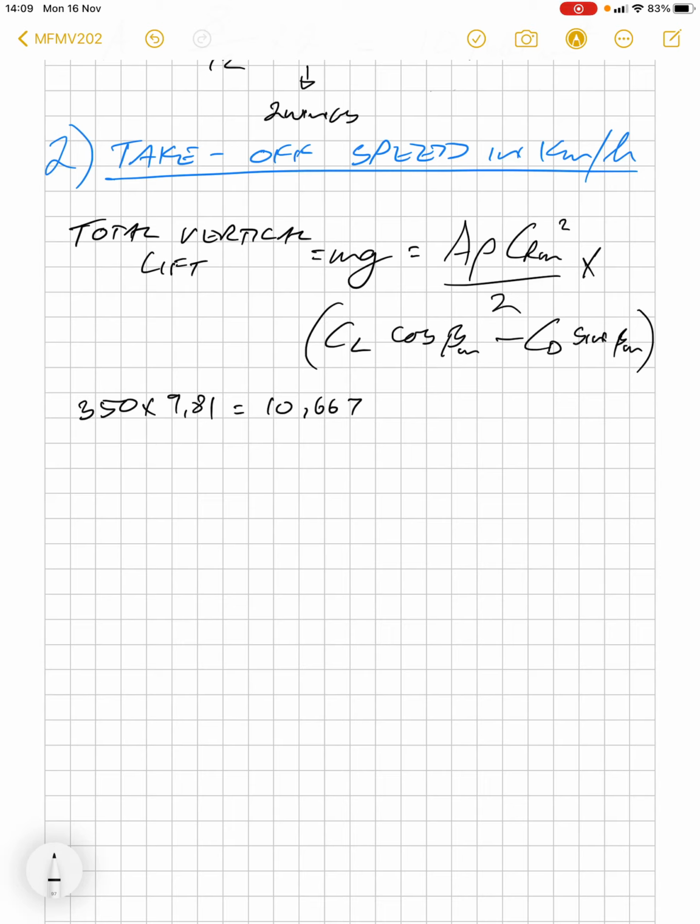It's equal to 10,667 over 2 times 1.1 CRM squared, and that's times 0.9 cos 8 degrees minus 0.009 sine of 8 degrees.